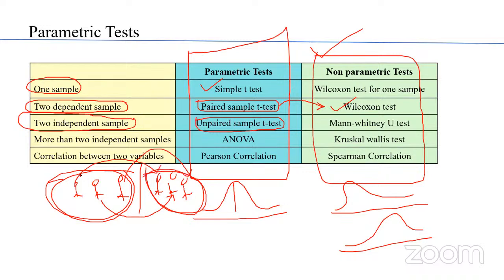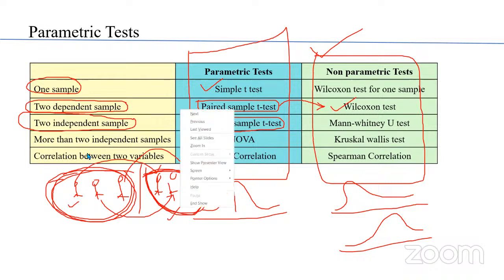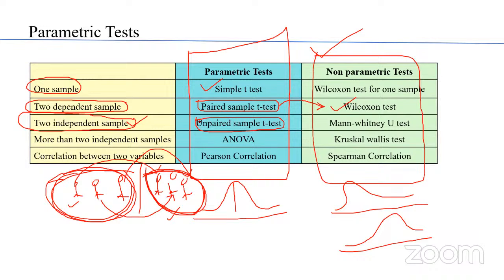Okay, if you're trying to find out the opinion of these people on a newly released movie, as these three are different and these three are different, then under such circumstances we go with the independent sample, which is called the unpaired sample t-test.